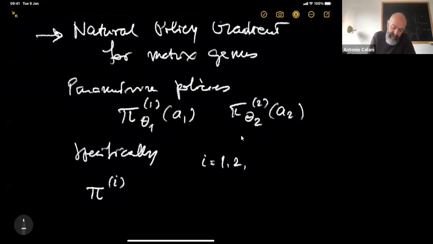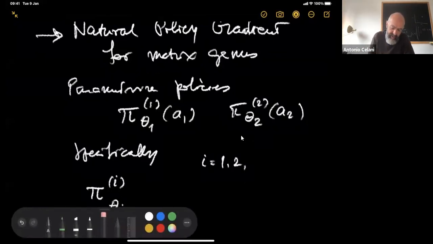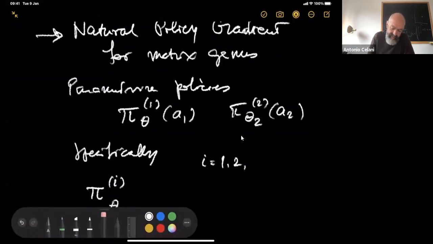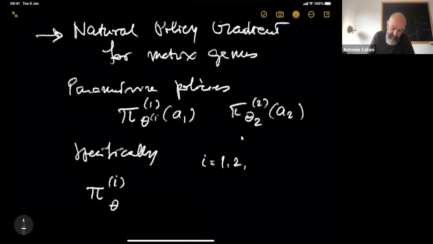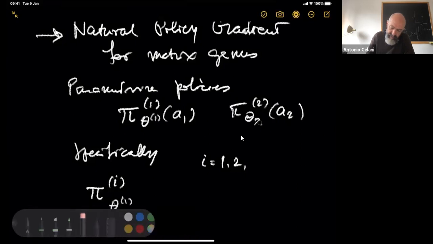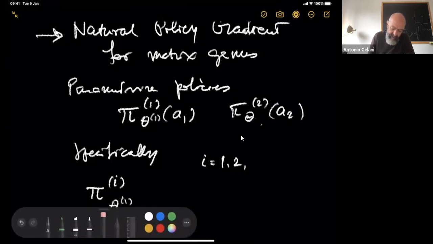So specifically, we will set this kind of parameterization. So for agent I, there will be a set of parameters theta I. So maybe the best way to write this would be to put these I's. Sorry, the notation is a bit cumbersome because there are a lot of indices, but I hope you will be patient enough to follow.